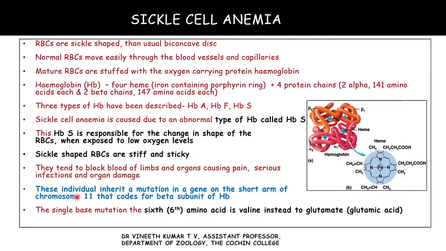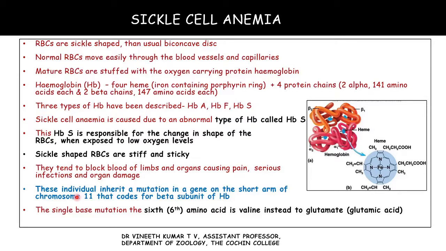It is an acidic amino acid, and when a single base change occurs, the mutant codon will code for another amino acid, valine, and this valine is a hydrophobic amino acid. Because of this substitution, an acidic amino acid is replaced by a hydrophobic amino acid, and this is a single amino acid change out of the 147 amino acids present.